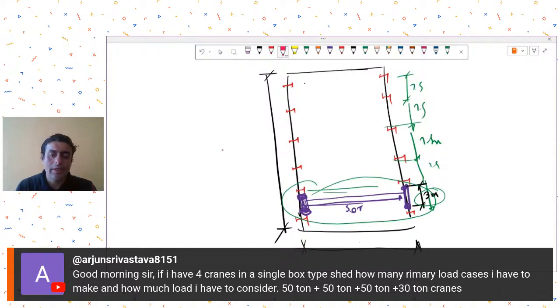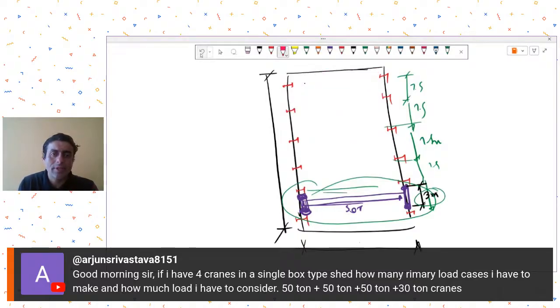Another point you may have to consider is the possibility of their working in tandem. It happens sometimes that this 30-ton crane is just parked at the end, it's not in use, and the 50-ton cranes are being used. So accordingly, your load cases may vary.